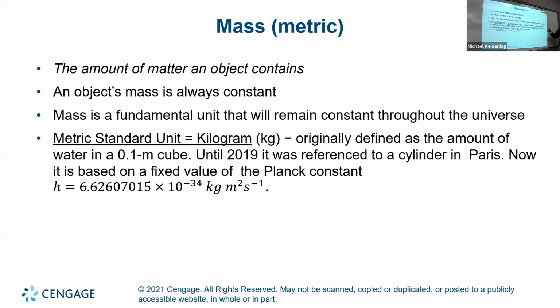And this was done by very accurately measuring Planck's constant using something called a watt balance or a Kibble balance, which basically weighs things in gravity against a very precisely measured electric force. And by balancing that out properly, you could actually measure Planck's constant. And by measuring Planck's constant very accurately, you could use that to define the kilogram.